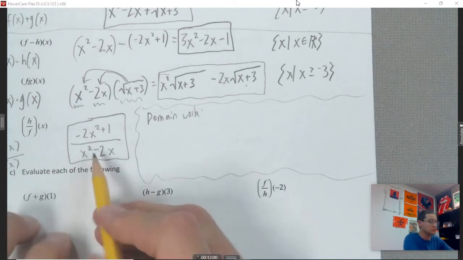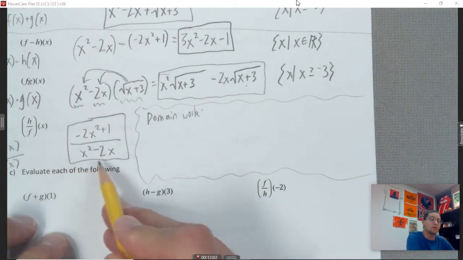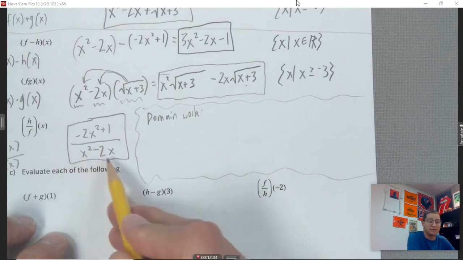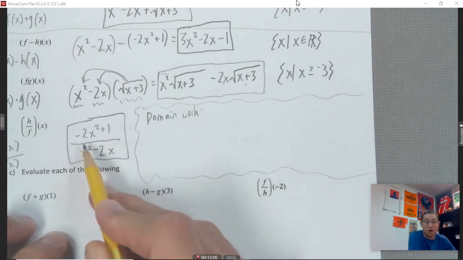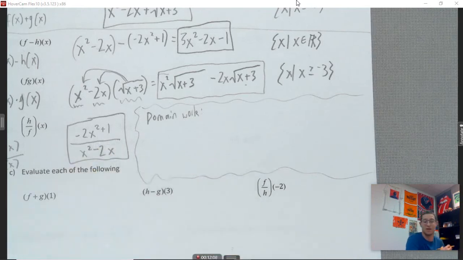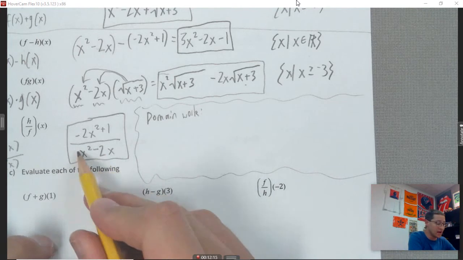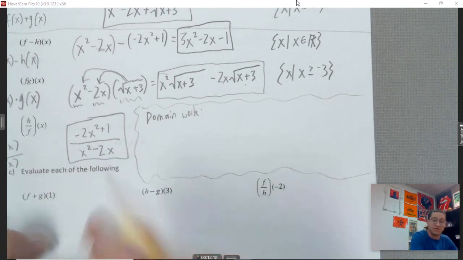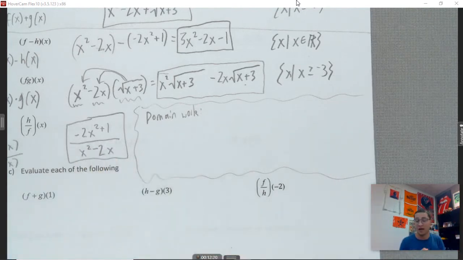So whatever values of x make this 0, I've got to take those values out of the domain. The logic is I can't divide by 0, so whatever values of x give me 0 here, I've got to take them out of the domain because those are not allowed. I'm going to get an undefined.